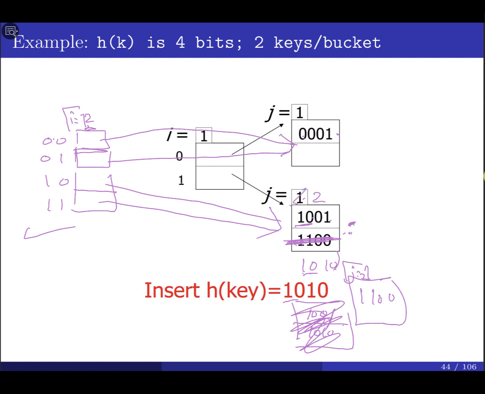Then you need to adjust the pointers based on the value of j, that means 2 bits. So 10 is going to point here. I use a different color. And since we have 11, the 11 is going to point here. You see now we managed. That's what we're going to do here. Clear?